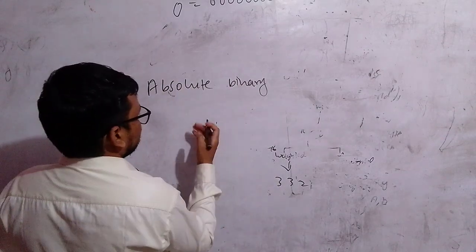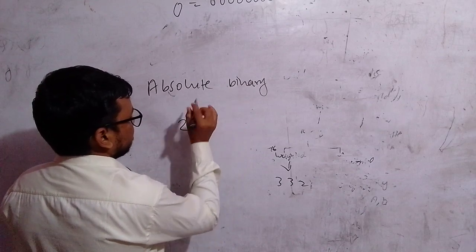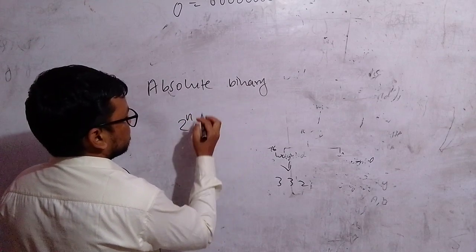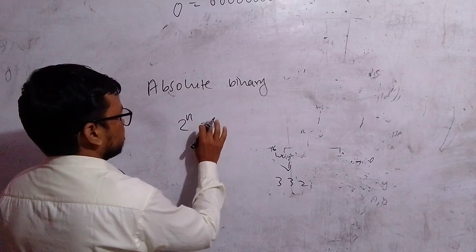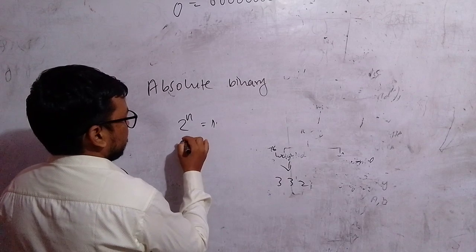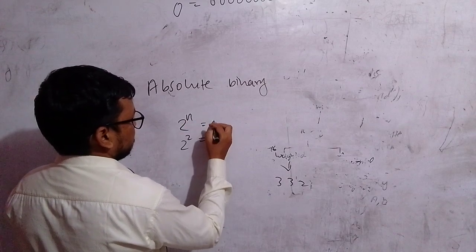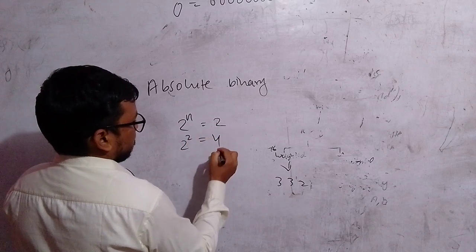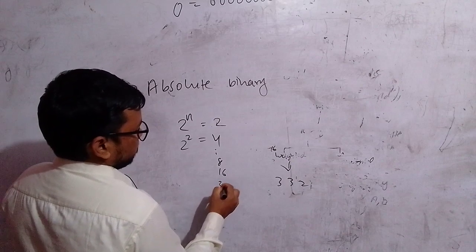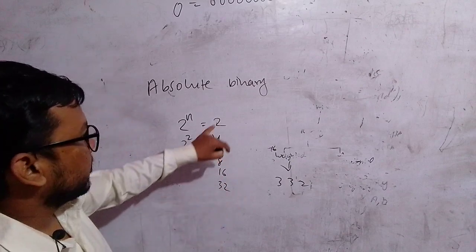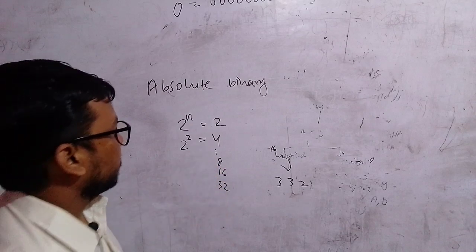That means it has many formats, for example, 2 to the power n. Suppose n is equal to 0, 1, 2. 2 to the power 1 means 2, then 4, and similarly 8, 16, 32 formats. You can use 2, 4, 8, 16, 32, multiples of two formats.